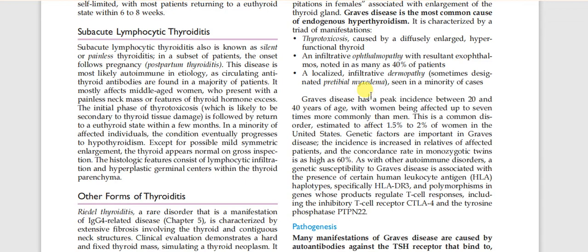These antibodies by structure resemble TSH, thyrotropin, thyroid stimulating hormone.